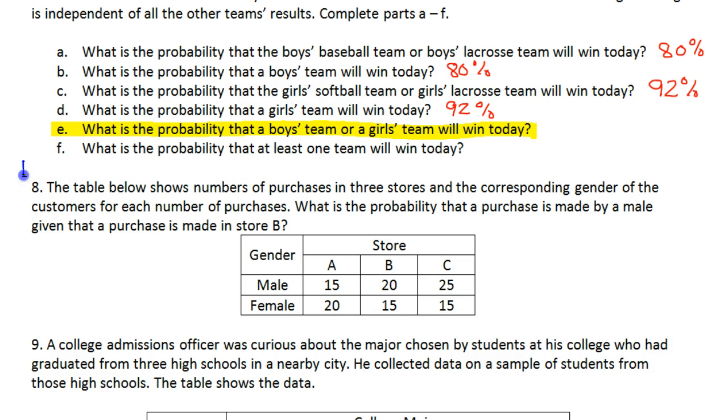So the probability that boys or girls will win is the probability that boys will win plus the probability that girls will win minus the probability that boys and girls will win.